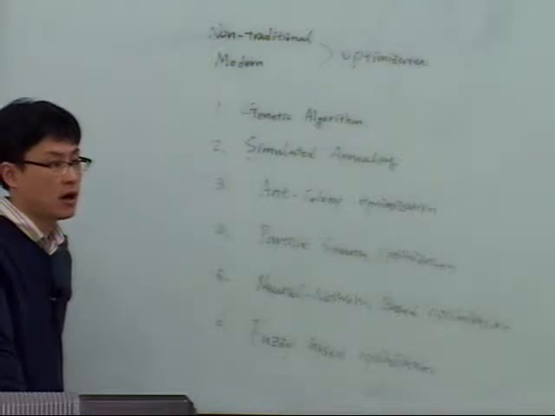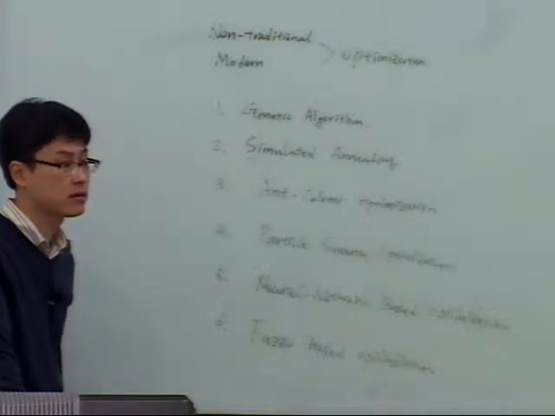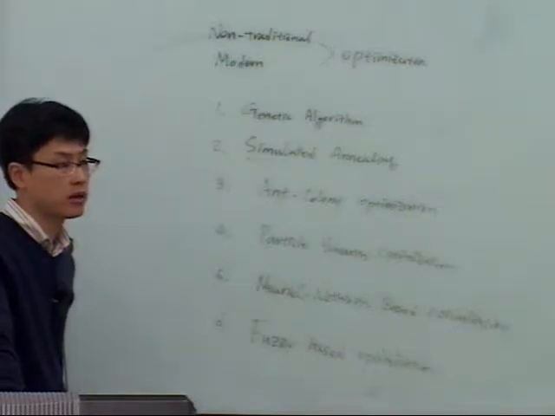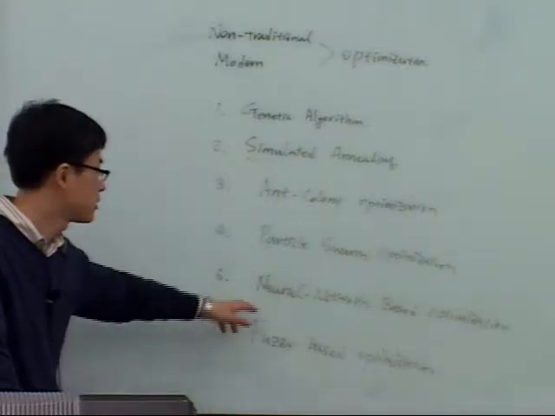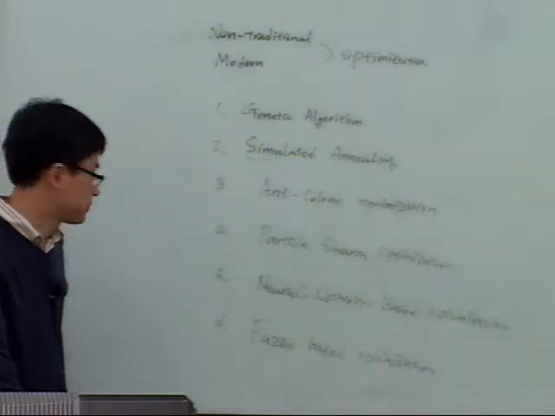However, the intelligence comes from how these simple neural cells are interconnected to each other. By mimicking their wiring system, we can do much more complicated and smart things. That's the idea of this neural network-based optimization.